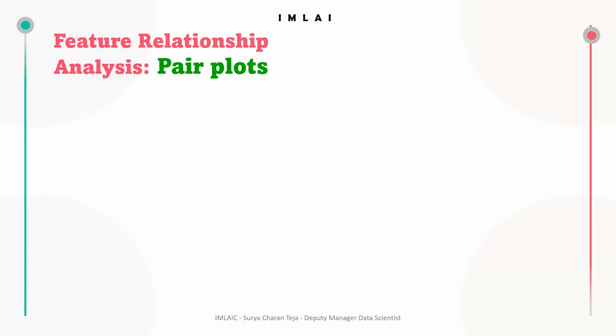So now let's move on to the fourth step, which is pair plots under feature relationship analysis. If you remember in our previous video, in that example, we wanted to explore the relationships between different variables in the data set.